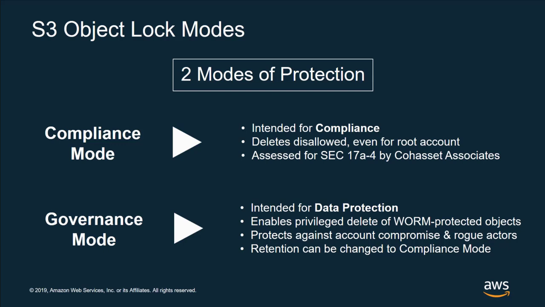But the retention can be changed by an administrator. You would have a key administrator who has control over the settings for governance mode: which objects are on governance mode or not, the time duration, the settings for object lock. You can specify a central administrator to have control over the governance mode settings.